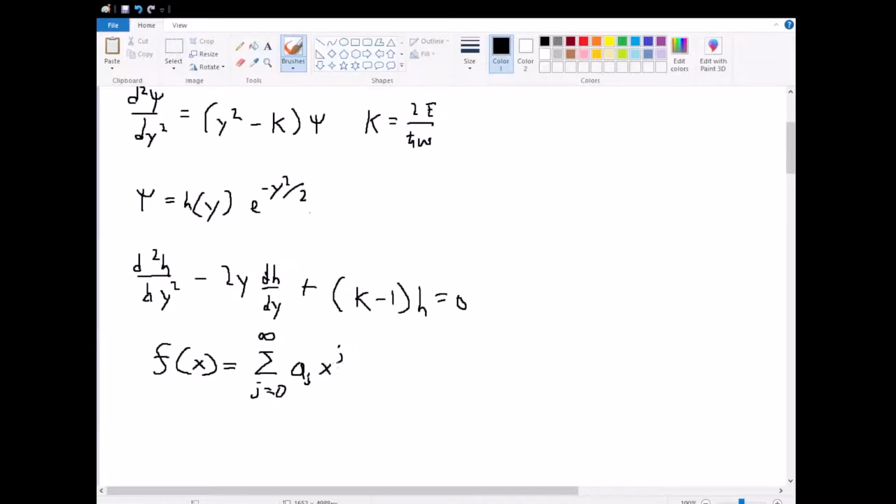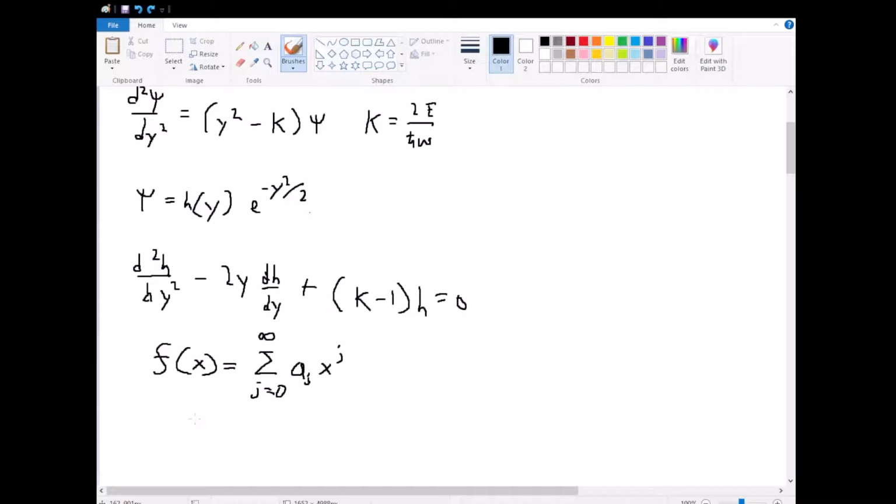So what this is saying is that f of x can be decomposed into a naught plus a1 times x plus a2 times x squared, and so on and so on. The actual requirement for this to be true is that f of x has to be complex differentiable everywhere and infinitely so.